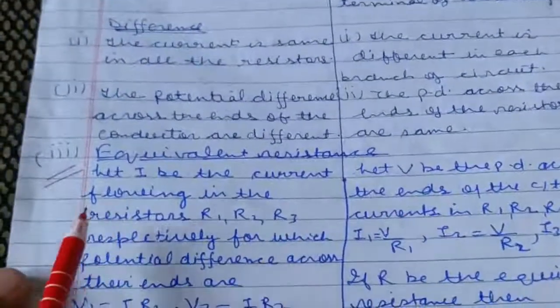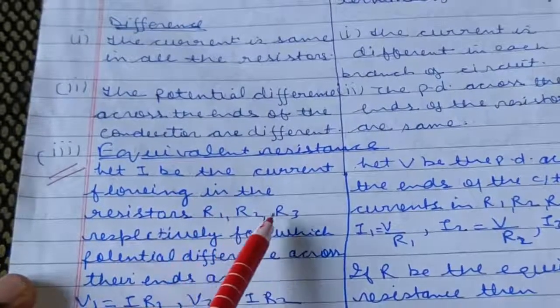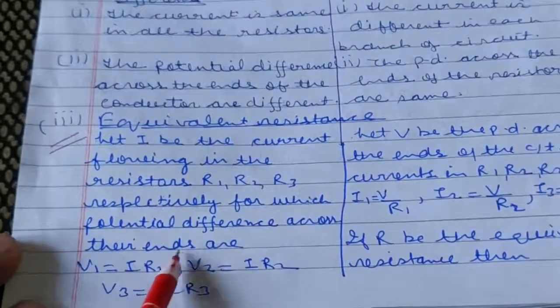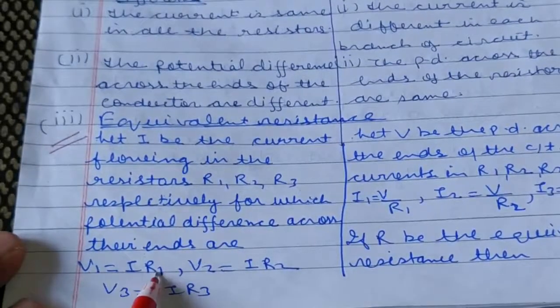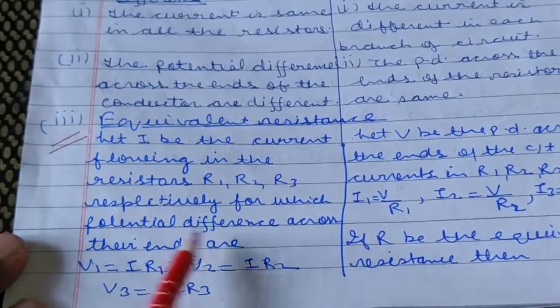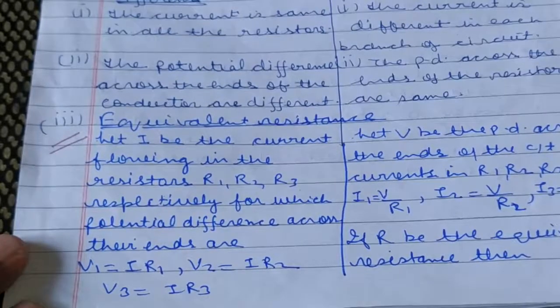First, I am assuming that I is the current flowing in the resistors R1, R2, R3 respectively, for which the potential differences across their ends are V1 = IR1, V2 = IR2 and V3 = IR3. These are the potential differences across R1, R2, R3.